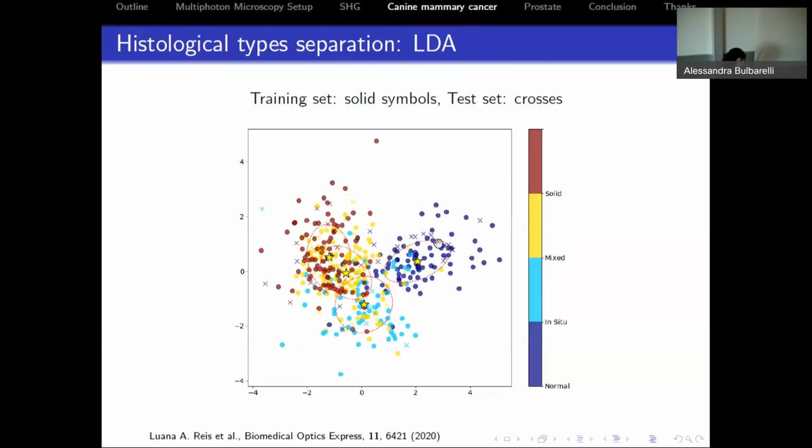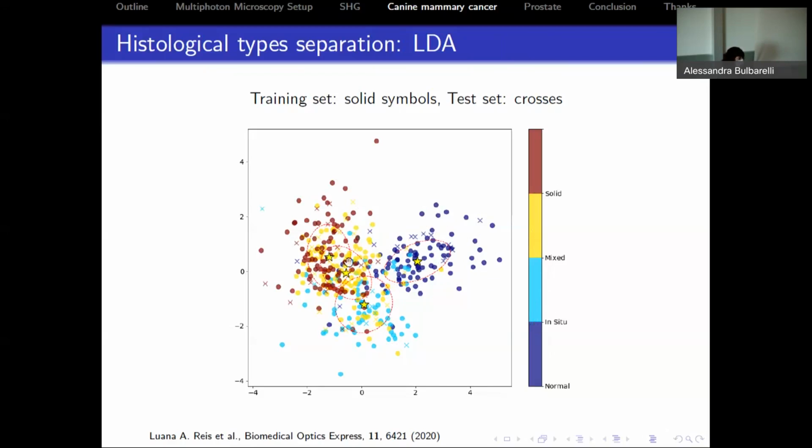We can see that the crosses are all positioned here, especially for the healthy ones as compared with the cancer ones. And we can separate quite well the very aggressive solid tumors in this corner.